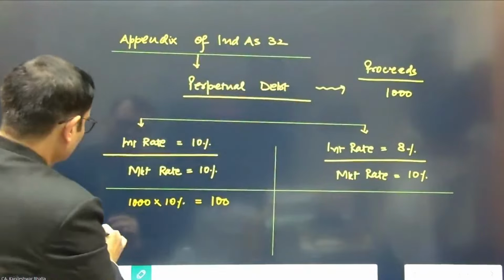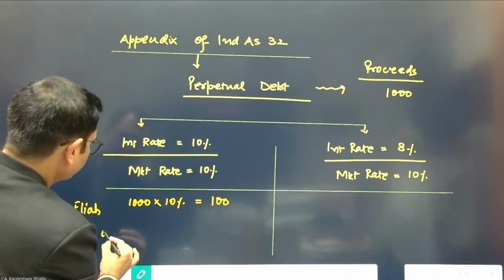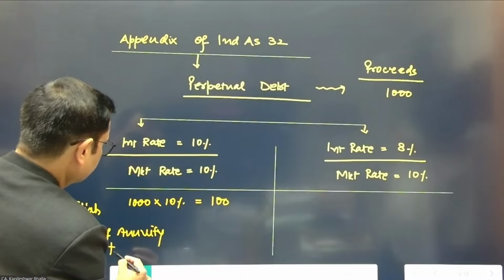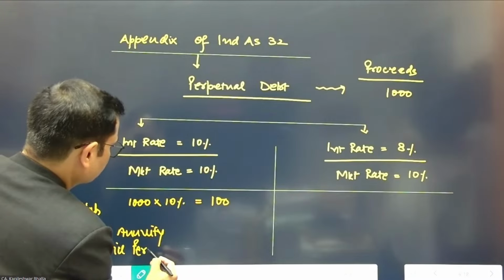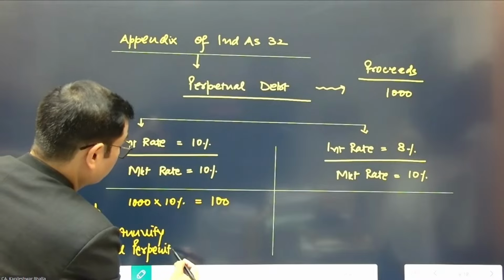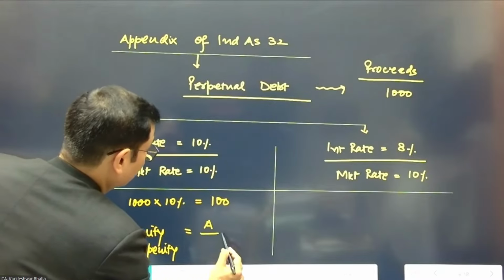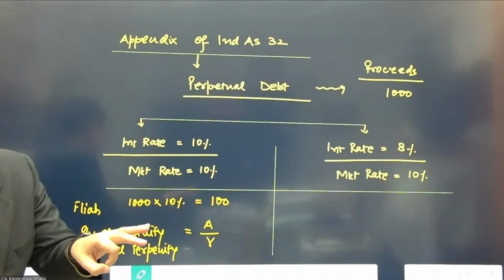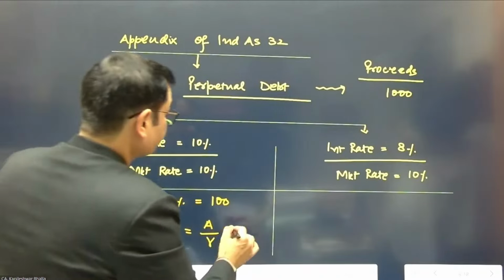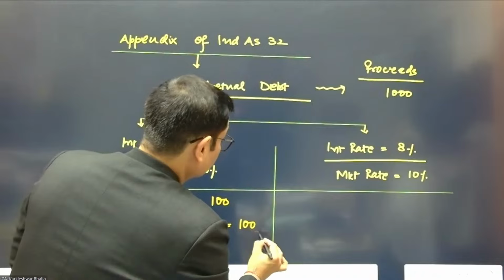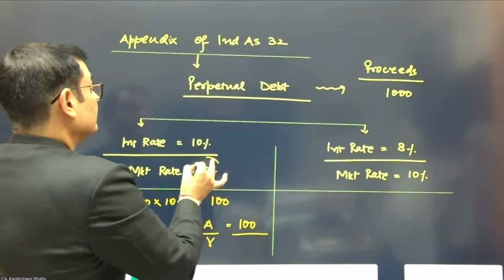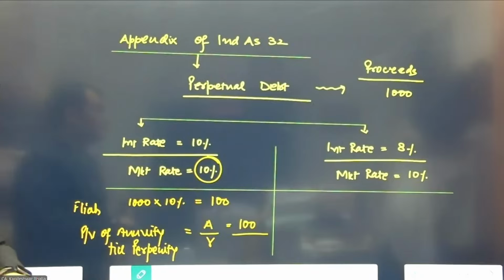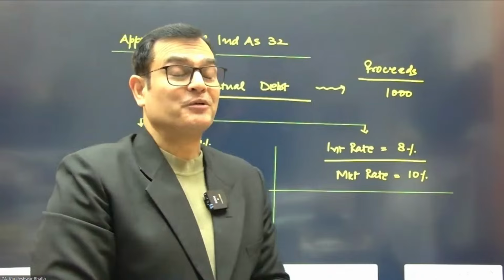You apply the concept of A by R. So you divide this 100 by the market rate of interest, not the coupon rate.